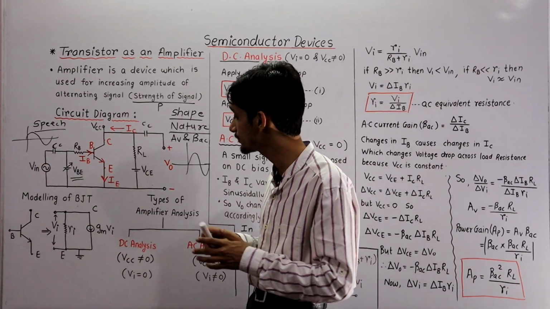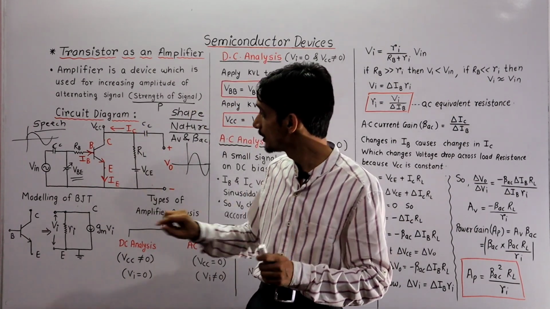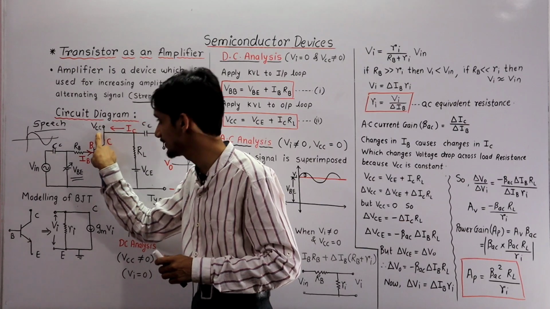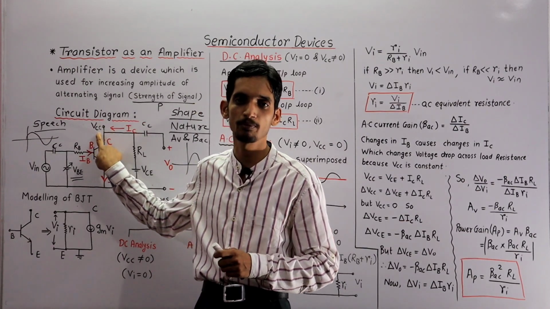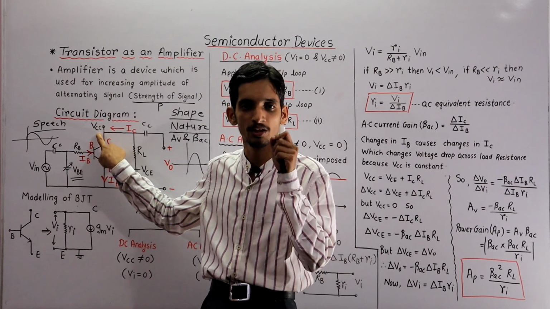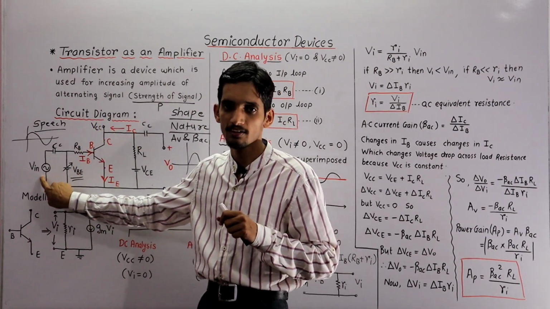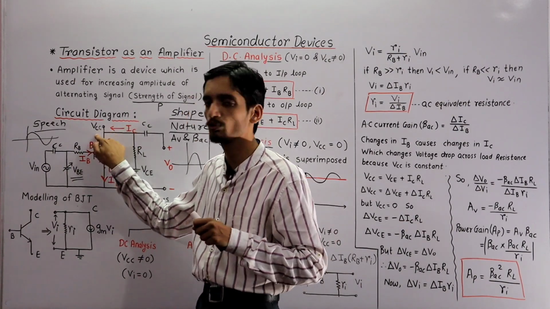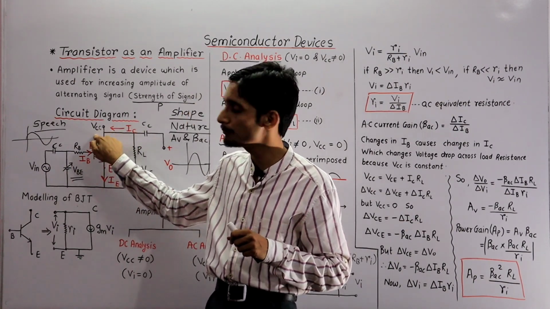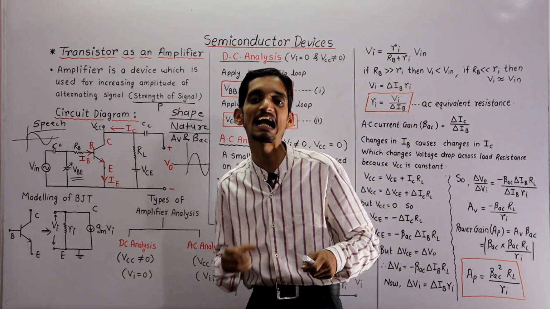Now what happens when I apply this input signal to this particular amplifier? We have to analyze this amplifier. This VCC is the supply voltage which is given to this amplifier. What is the purpose of it? As I am applying the input signal to this amplifier, as well as the supply voltage, and I am interested in increasing the strength of the signal, from where am I getting that additional energy?